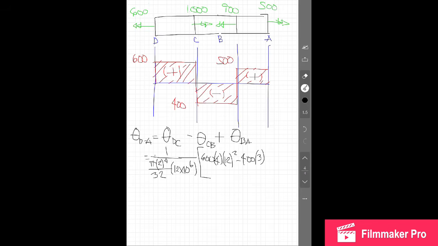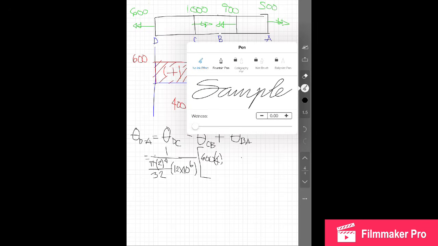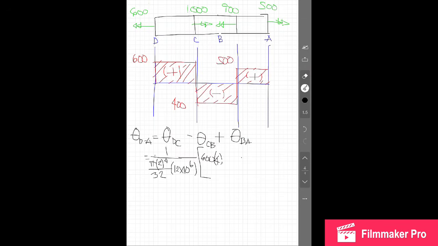Alam ko na. Lahat pala magkakaroon ng 12 squared, no? So, factor out na lang din natin para hindi tayo mahirapan. So, 12 squared. Ayan!